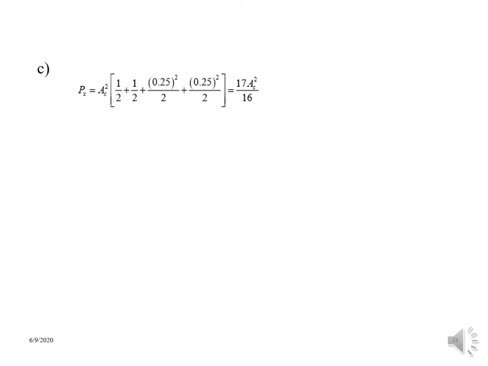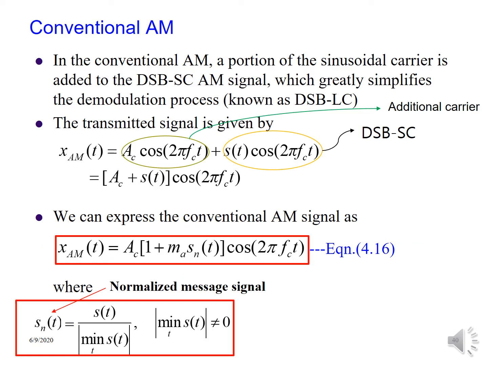Now we calculate the power. The second type of modulation is the conventional AM, with the equation AC multiplied by 1 plus MA SNT, multiplied by cos 2 pi FCT, which is the carrier.